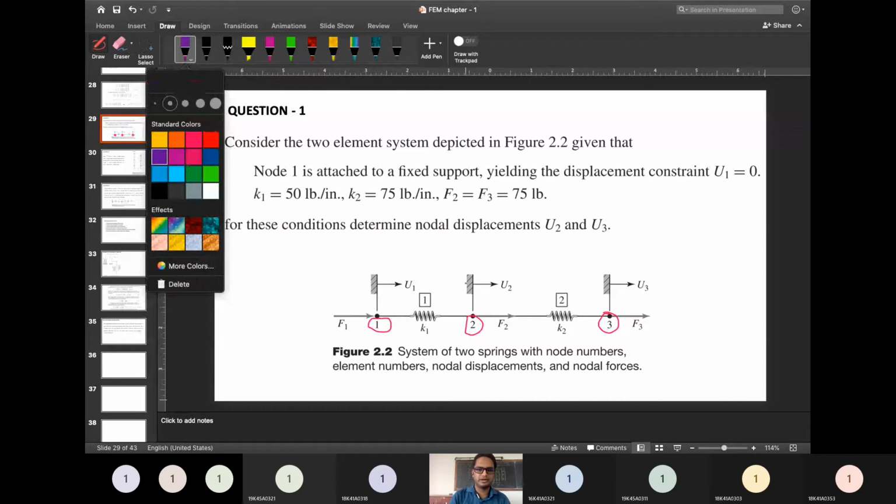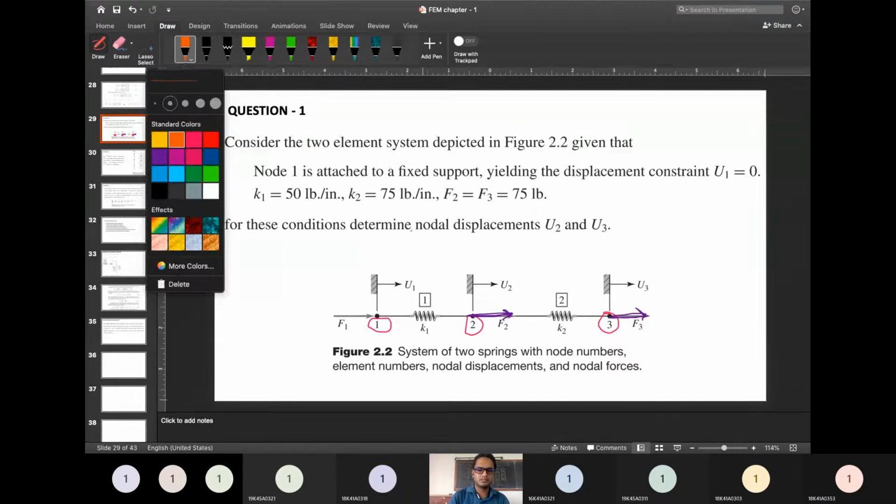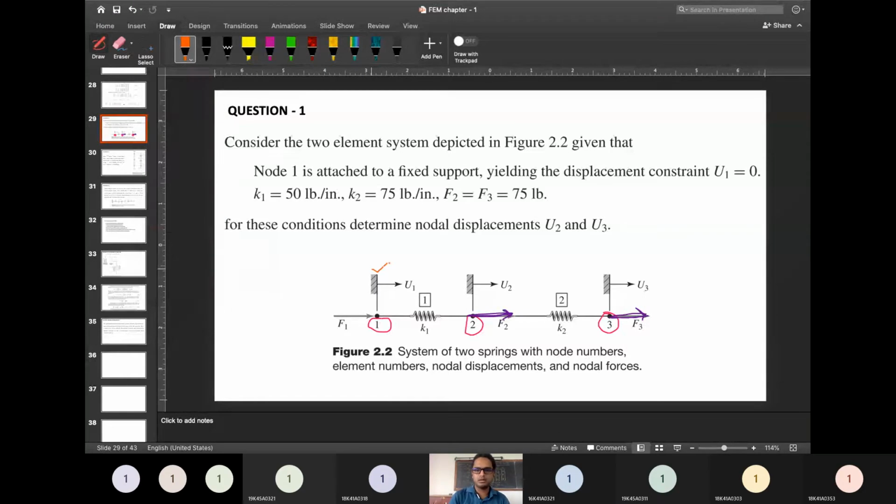I will show you with a different color. Here you can see in blue color, F2 is applied at this node and F3 is applied at node number 3. U1, U2 and U3 are your displacements for node number 1, node number 2 and node number 3.